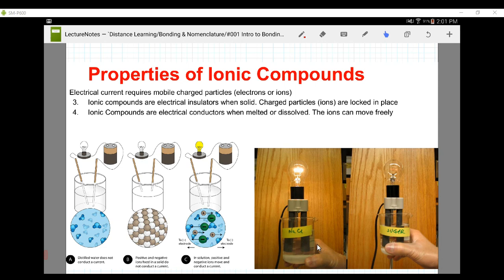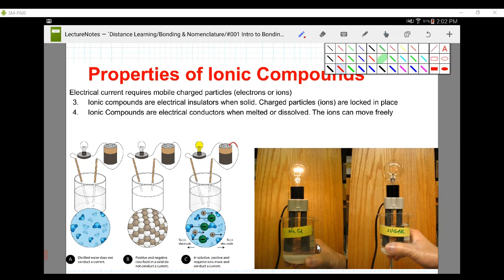So usually we refer to electrons, like in a metal wire, which is what allows metals to conduct electricity. But since we have ions that are dissolved and freely flowing around the liquid, if we apply an electric current to them, such as here in these diagrams, the electrical current comes in and it causes those ions to move around in the solution. So it allows that current to continue through the solution and then back out the other wire.